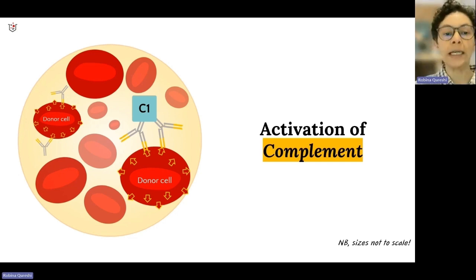This is where that antibody binding triggers the complement cascade, and we're talking about the classical one in this talk. This can lead to macrophage attraction as well, but of more concern is the possibility of intravascular hemolysis if the cascade goes all the way to the membrane attack stage. So that's the basics.